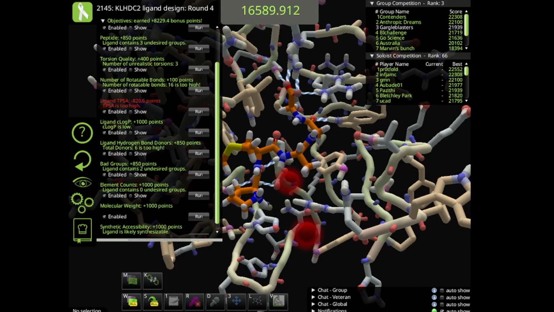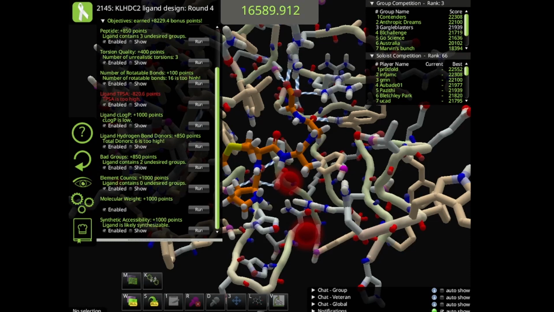So your ligand must have no phosphorus, at most 1 sulfur, at most 1 iodine, 1 bromine, 4 chlorines, 4 fluorines, and 5 nitrogens. Next is molecular weight. This objective prevents your ligand from getting too big and heavy.